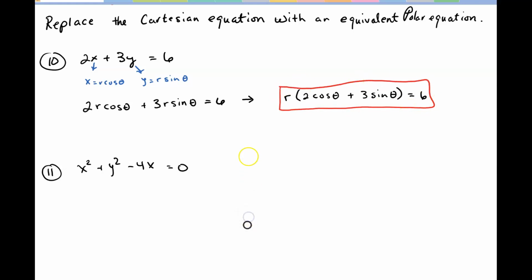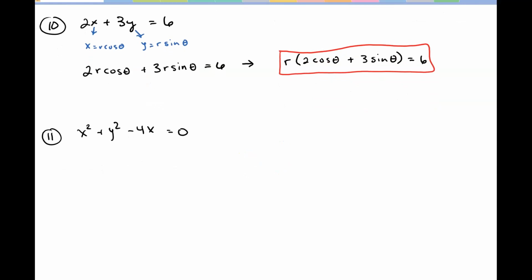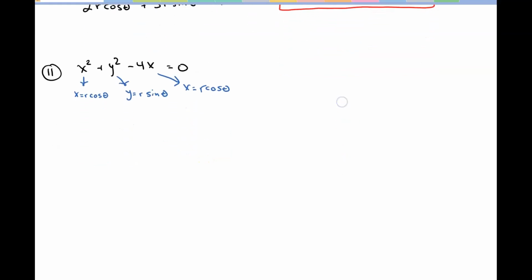Now continuing on, take a look at the very last example here in this video. We're going to say, okay, well, x equals r cosine theta, I need that. y equals r sine theta, I need that. And then another x. And so we have all of that down, and now we substitute in what we know.